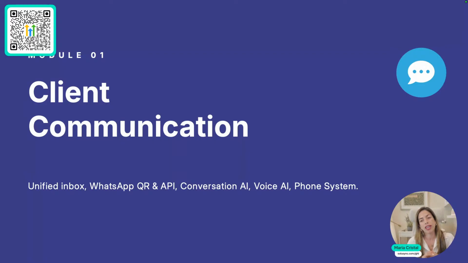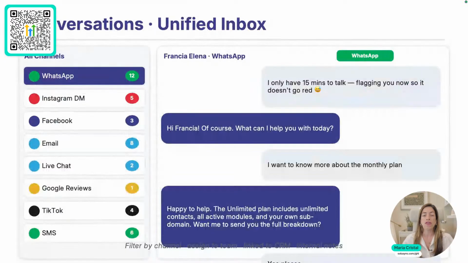We start everything with our clients. The client's communication, the conversations that you can't miss, how a client reaches you and how you respond to them. So the first thing we have is a single inbox. HighLevel has a single inbox where everything lands.